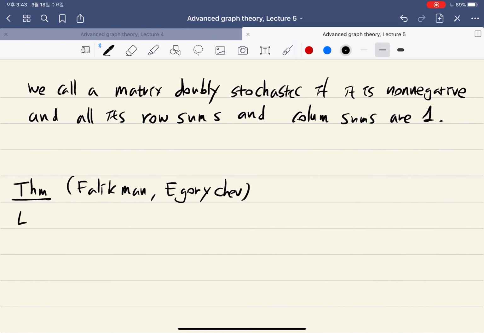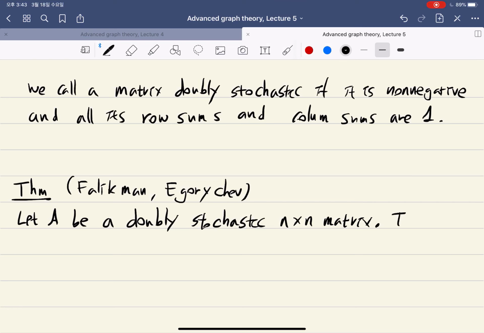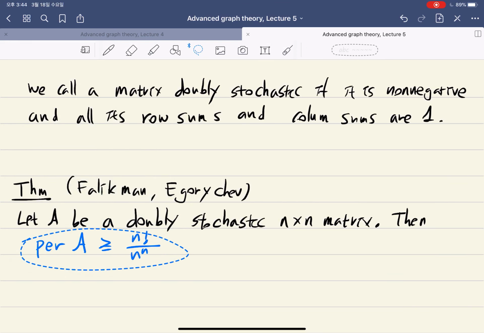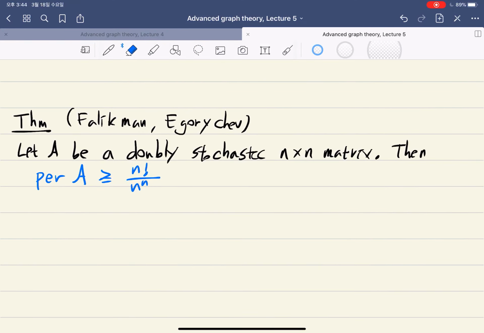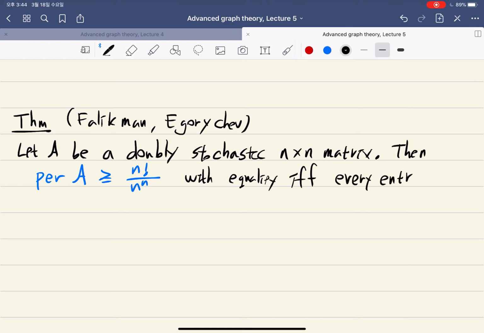And it's known that if we have a doubly stochastic n by n matrix A, then we have a lower bound on its permanent, which is n factorial over n to the n, with equality if and only if every entry of A is 1 over n.